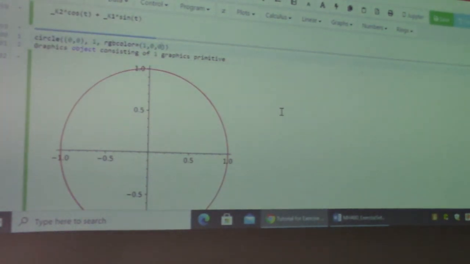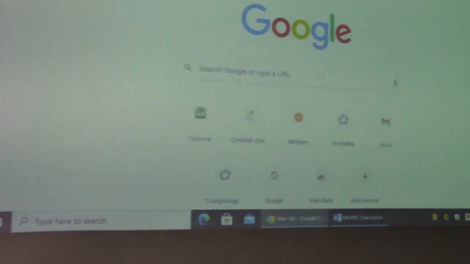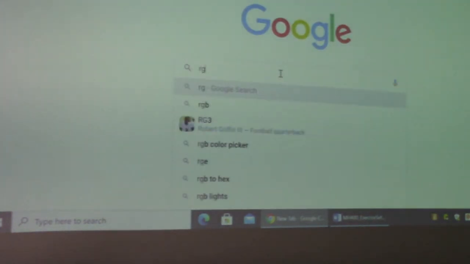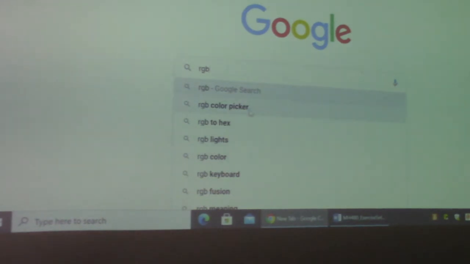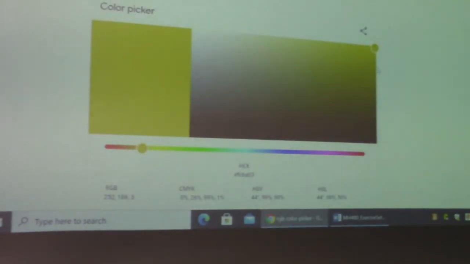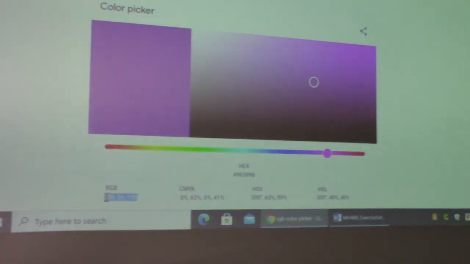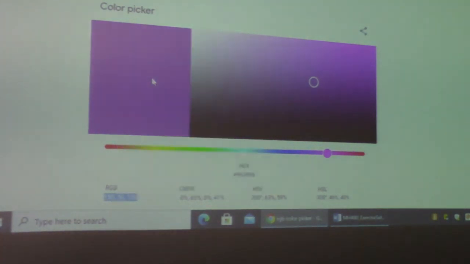Anyway, of course you can find a website with a resource. If we were to Google RGB chart or something, we could find a nice RGB color picker. Check it out. So if I want magenta, I do 150, 56, 150 apparently.